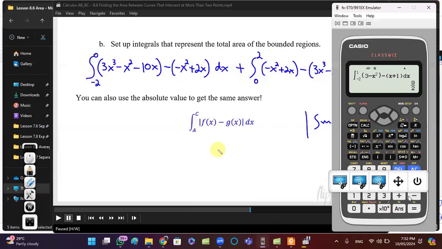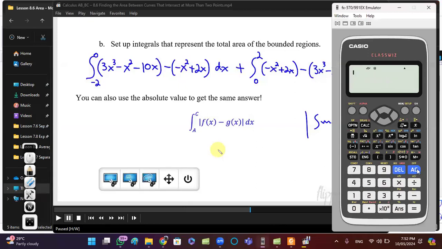Okay, look here. I will do one interval only to solve this. Where is the app? I will write the first one: 3x^3 minus x^2 minus 10x.